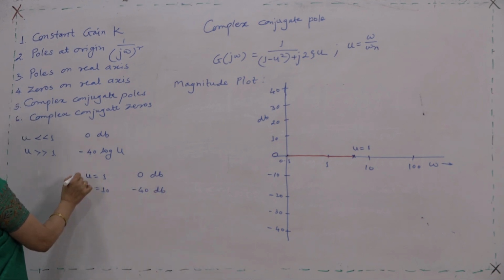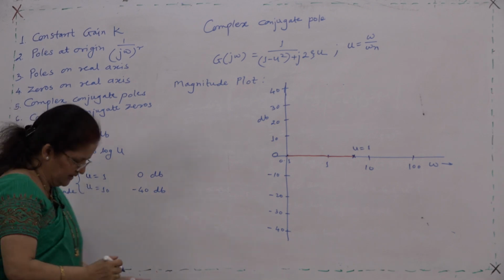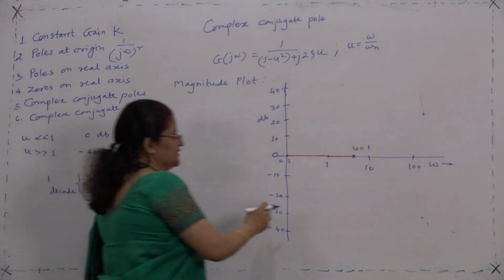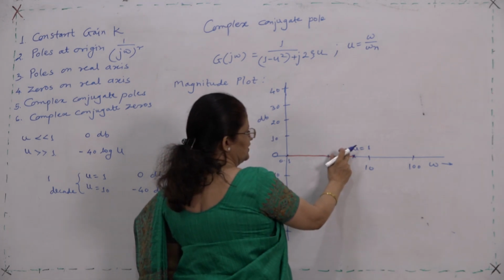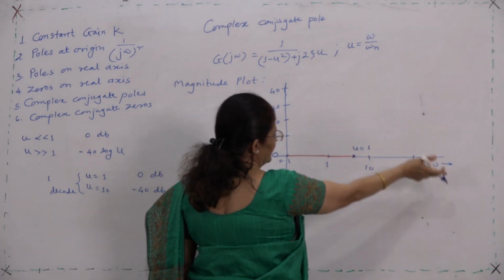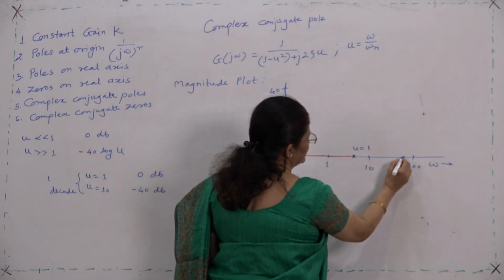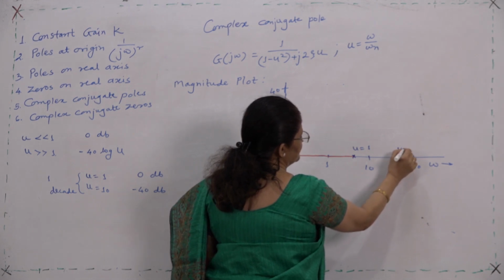So, this change in frequency is 1 decade. Within 1 decade, the change is minus 40 dB. So, how will you represent it here? This is u equal to 1. I want 10 times u. So, somewhere here you will get u equal to 10.